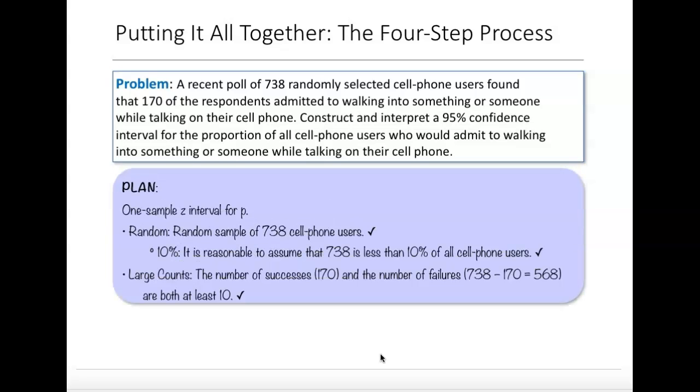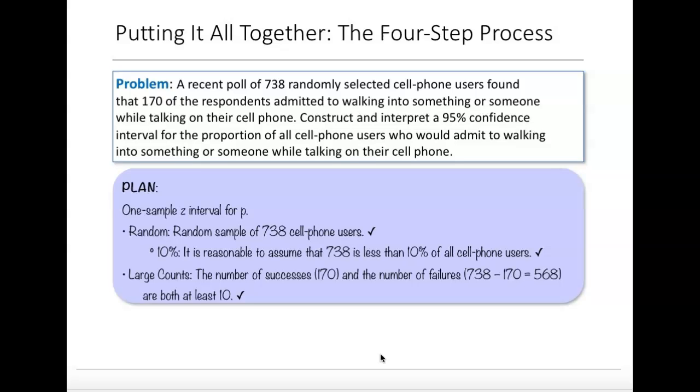All right, plan. Let's check our conditions. We're going to make a one sample Z interval for proportions. State that it's random. It's a random sample of 738 cell phone users. Done. For the 10% condition, the way they check it is they just say it's reasonable to assume that 738 is less than 10% of all cell phone users.